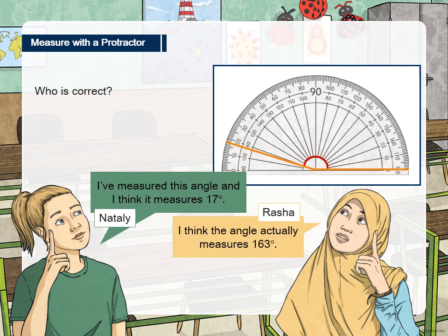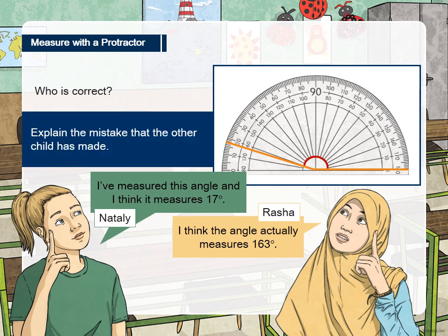Who's correct? What do you think? Excellent. Rasha is correct. But why? Who can explain what mistake Natalie made when she read the scale?